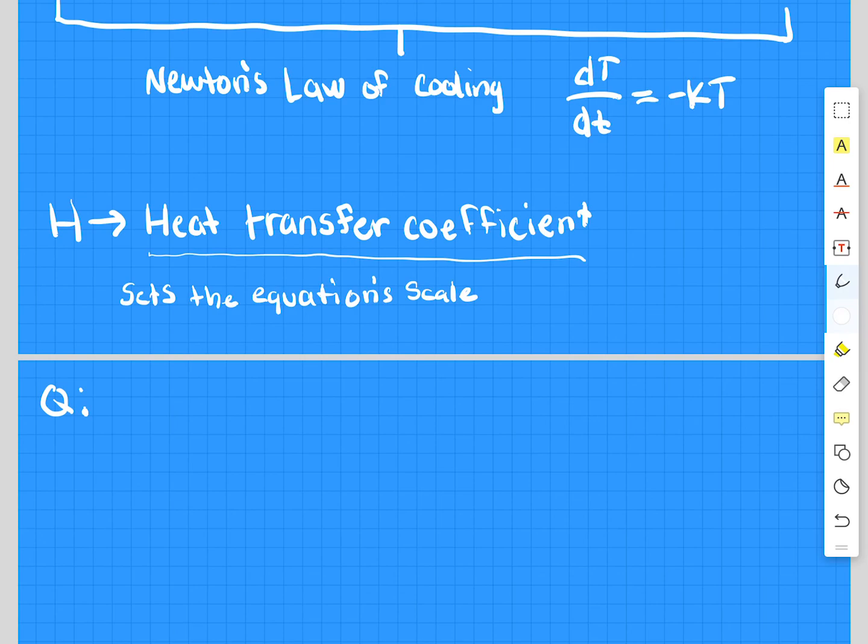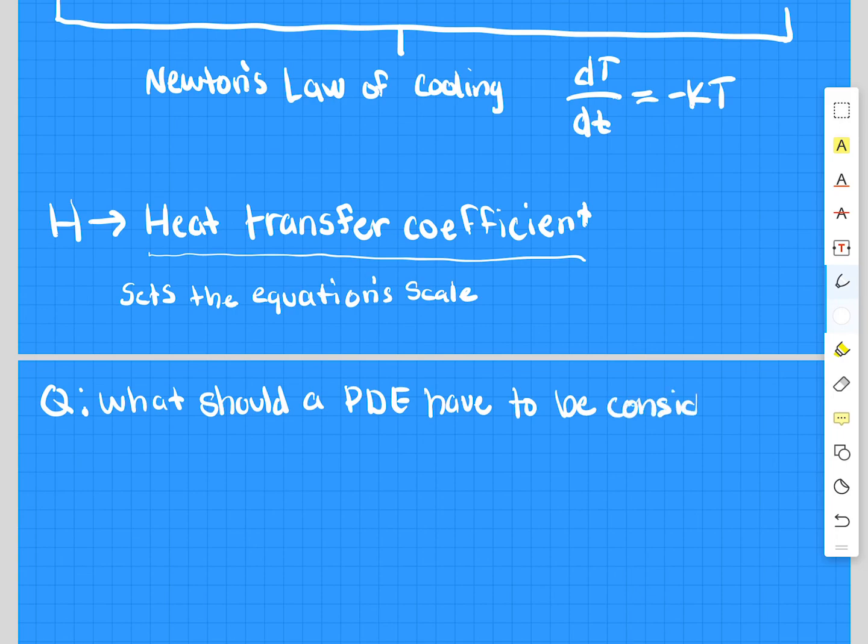We might be missing part of the boundary conditions. So in that case, it would be a lot more difficult to solve. So the question we're posing is, what should a PDE have to be considered properly defined?